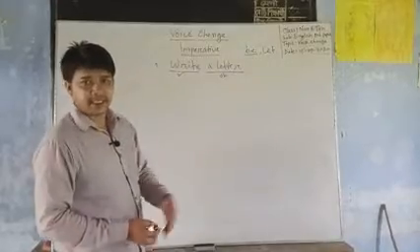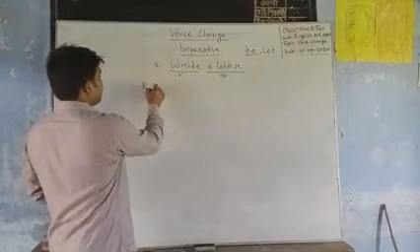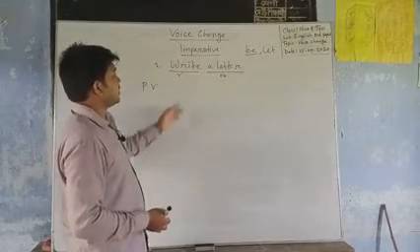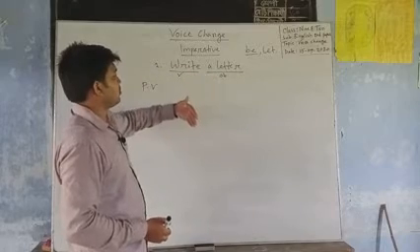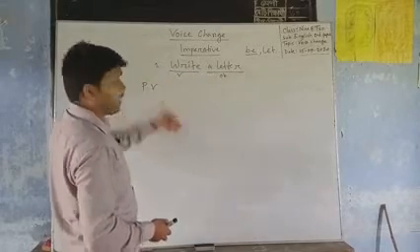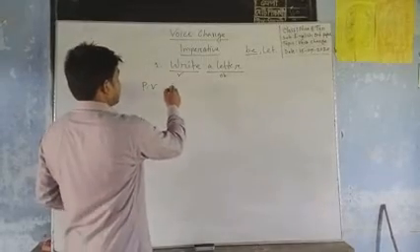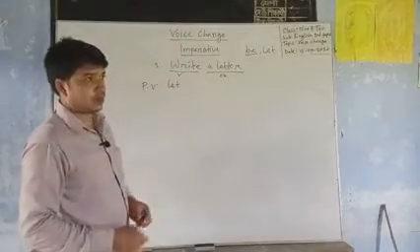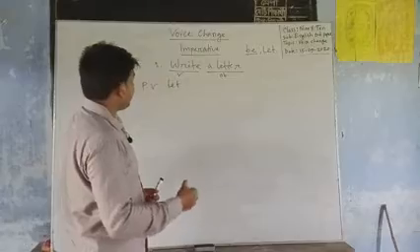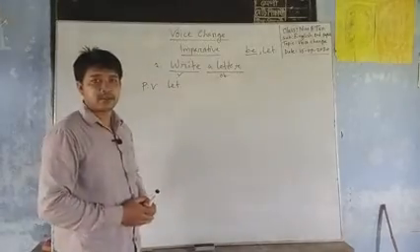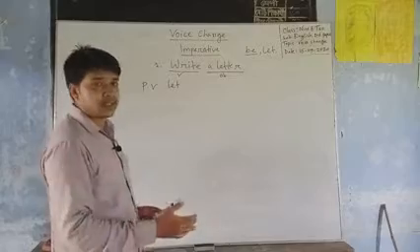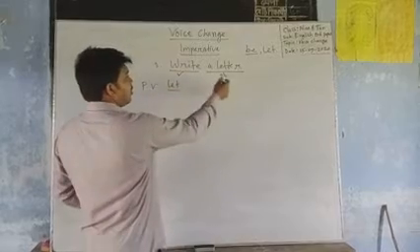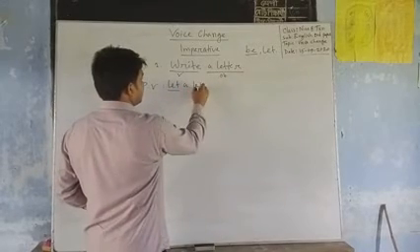When we make an imperative sentence passive, the sentence starts with let. So first comes let, then the object will come: let a letter.